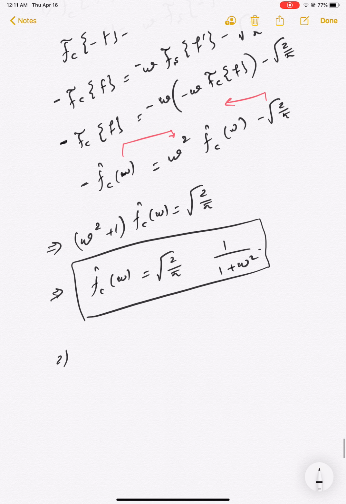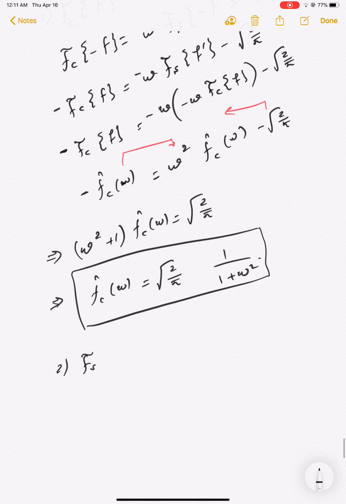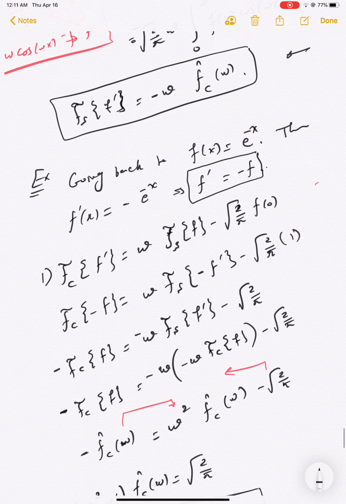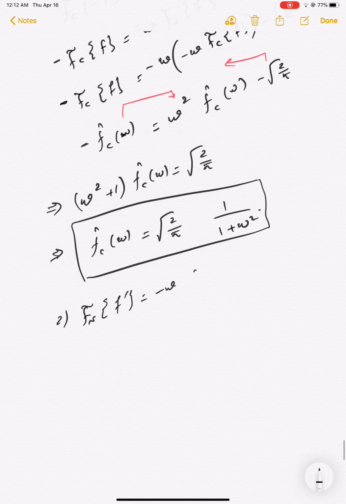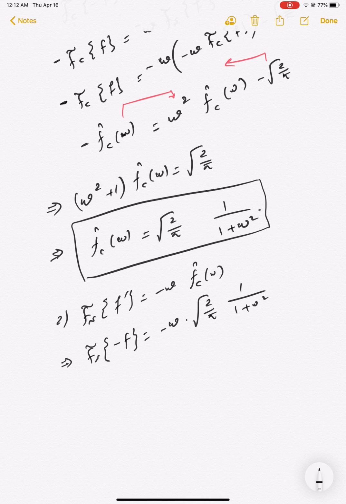If you look at the Fourier sine, I want to find the Fourier sine transform of this function. So the formula says the Fourier sine of the derivative is negative omega times the Fourier cosine of the function, right? But I know the derivative is negative the function, so that's negative omega, and what's the Fourier cosine? We just found it. It's this, right?